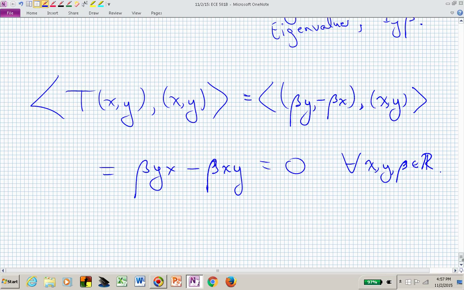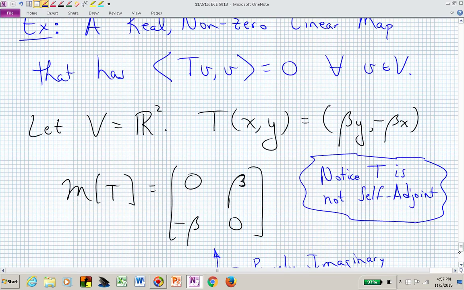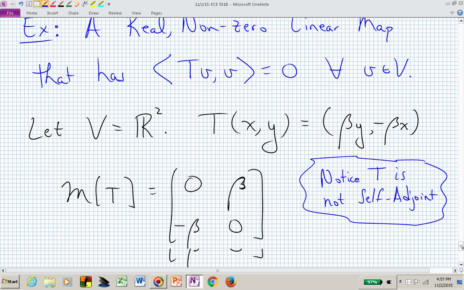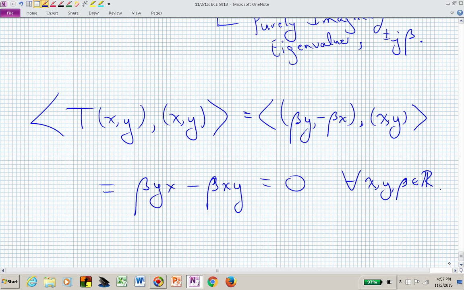Which means that we can create linear maps that are non-zero such that the inner product of TV with V for any V can be 0, and that doesn't mean that the map itself is the 0 map.